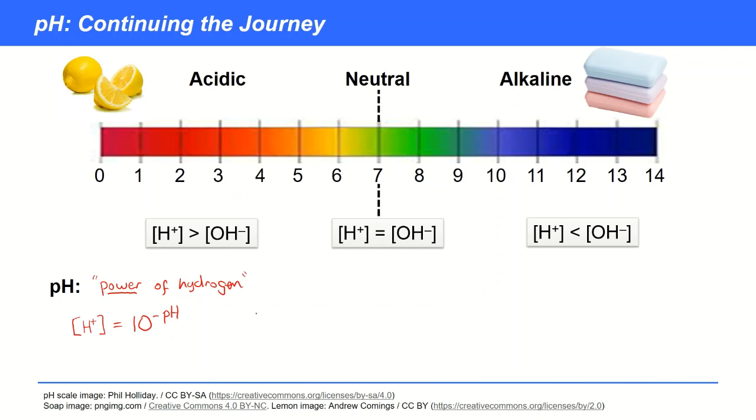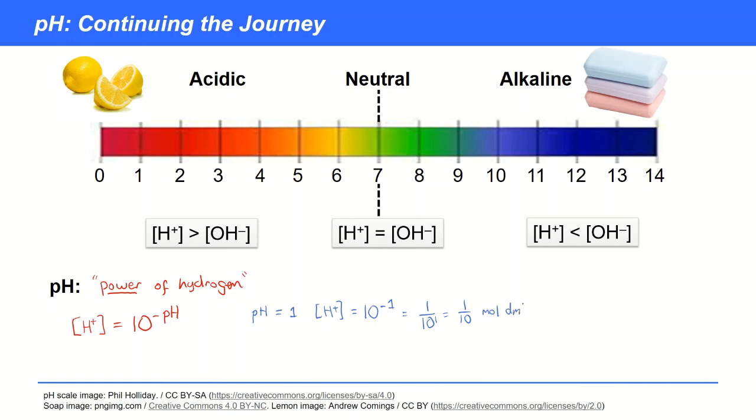So, for example, if we happen to have a pH of 1, this formula is telling us that the hydrogen ion concentration is 10 to the power minus that value of 1. Now a negative power is the same as 1 over a positive power, so this is just 1 over 10 to the power 1, or 1 over 10 moles per decimeter cubed.